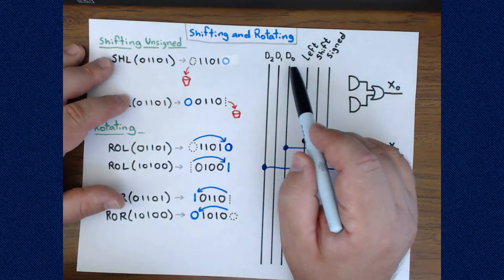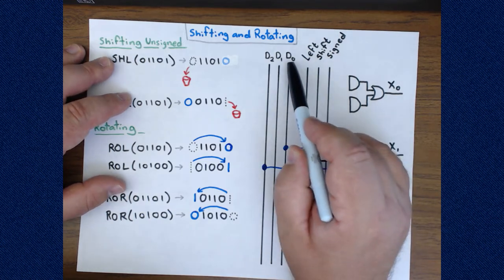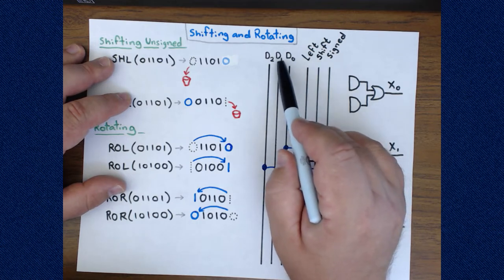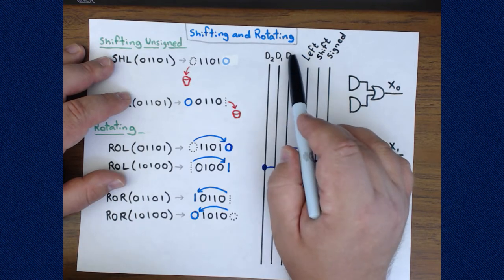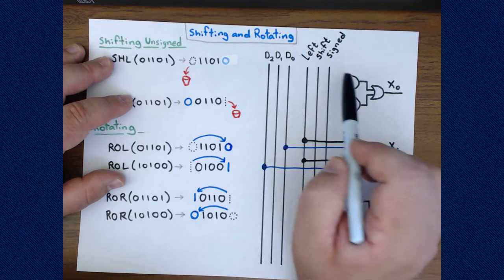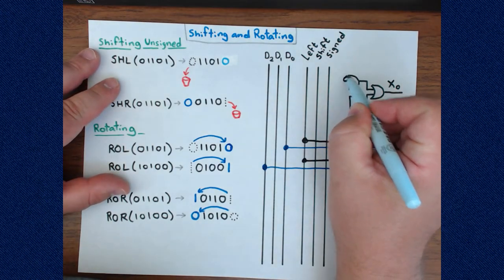So let's look at what does matter when we're going to the left. Well, it's a rotate. So if I rotate to the left, D0 moves into D1. The original D1 goes into D2, and D2 needs to come around. So on a left rotate, we want to put D2 here. So let's identify that it's a left rotate. First, it's not a shift.